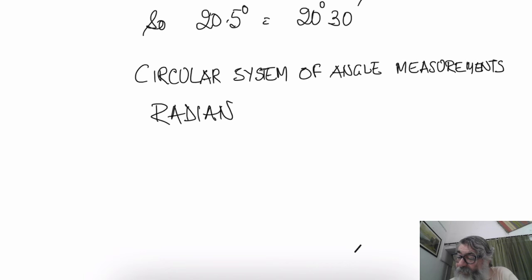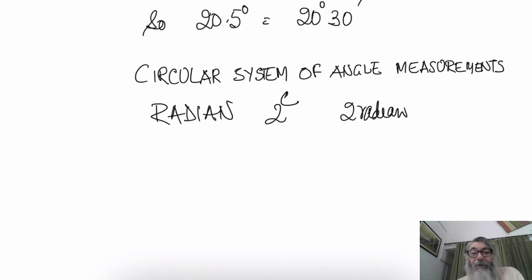Generally, for example, if I write 2 and C on top, the C will indicate the radian, or I can write 2 radian. This is another measurement of angles, 2 radian.